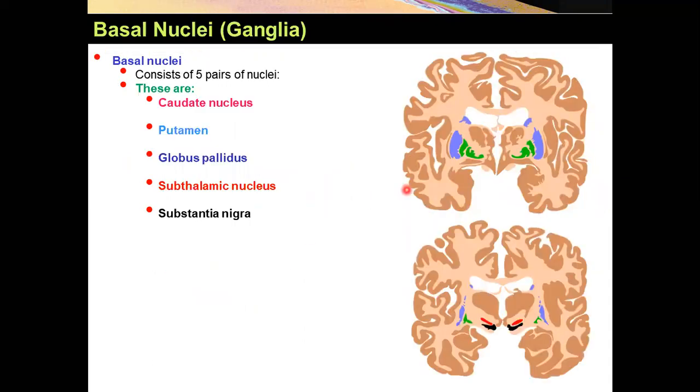Okay, let's review these basal nuclei again here. This is the head of caudate nucleus. This is the putamen, globus pallidus, which has an external or lateral and an internal or medial part. And down here, the subthalamic nucleus in red and the substantia nigra in black.